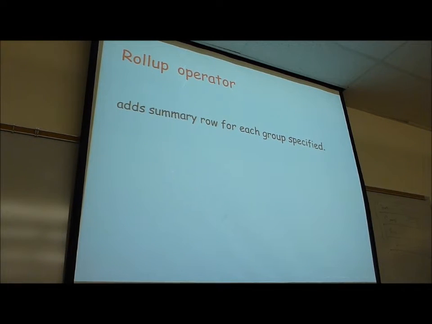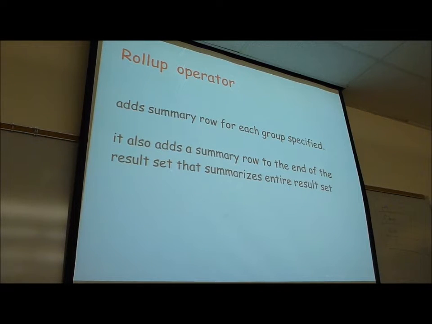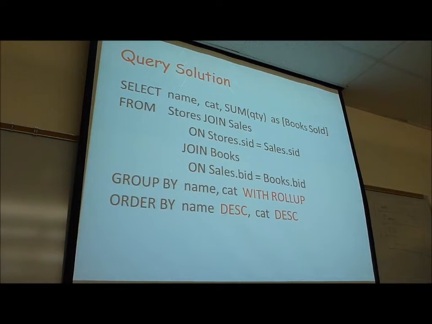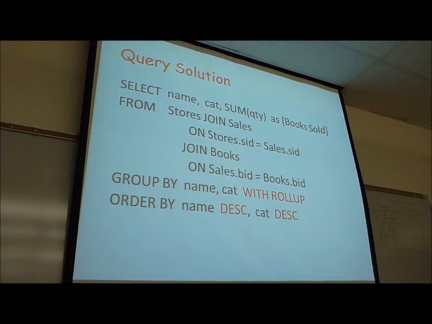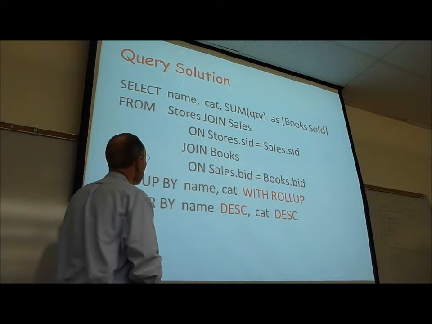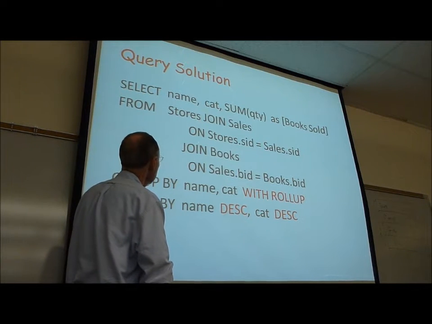So we're going to add a summary row for each group specified. It also adds a summary row at the end of the result set that summarizes that result set. That's the one. So in this case, here's our same query. In this case, we're going to do it by store and then by category, the sum.